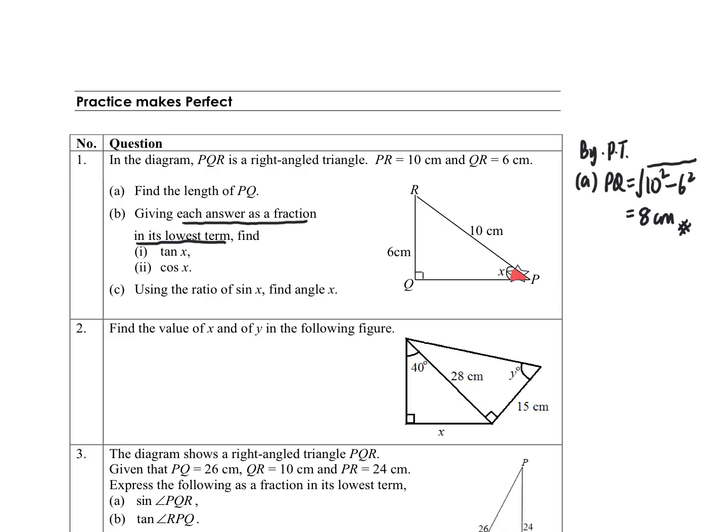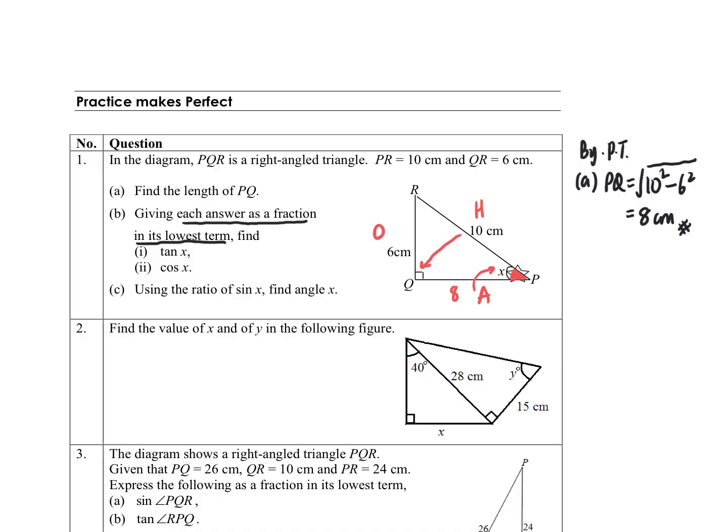So how do we identify hypotenuse, adjacent, and opposite? Where is hypotenuse? PR, this one. Hypotenuse is always the longest side opposite the 90 degree. Where is the adjacent side? PQ, this one. Because it's just next to your angle. And of course this is opposite.